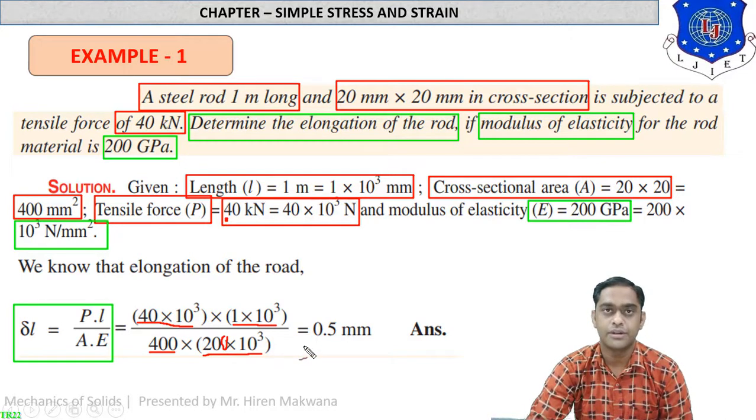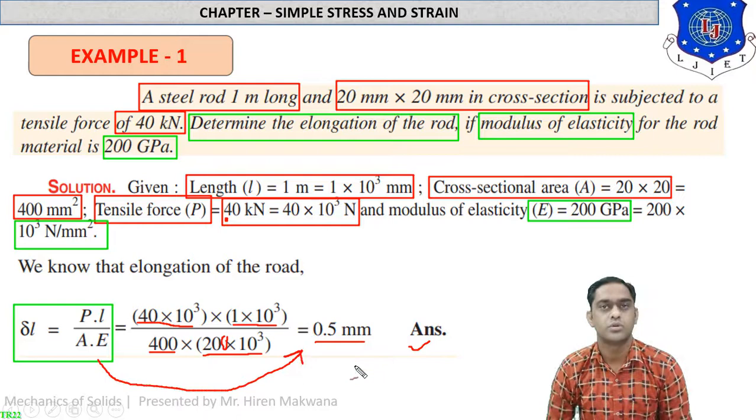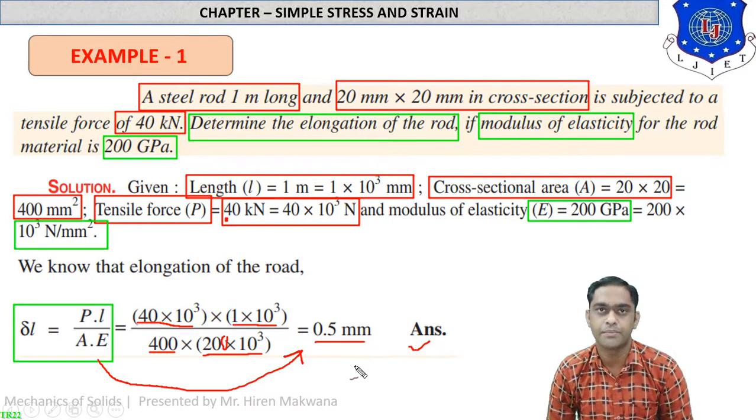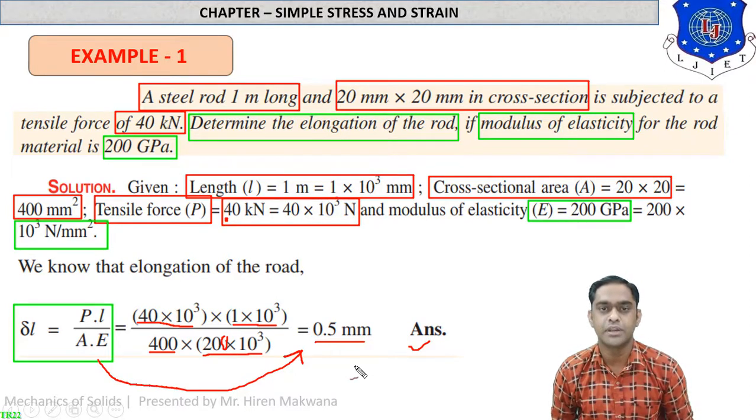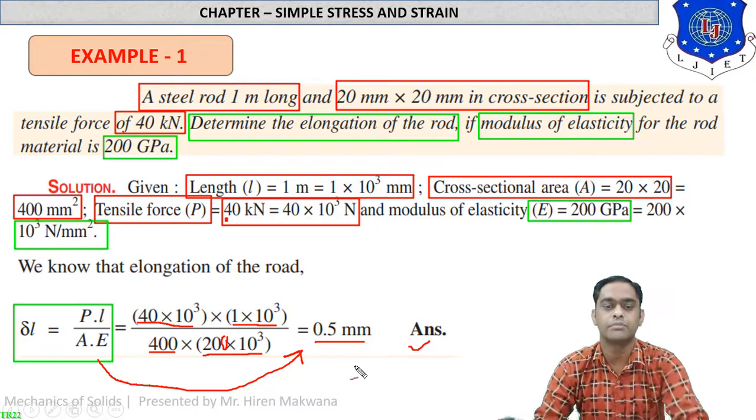So in the calculator, final answer will be 0.5 mm. So this is the final answer. So delta L is equal to 0.5 mm. So this is the elongation of the bar, 0.5 mm for the original length of 1 meter, means 1000 mm. So this type of simple numericals are readily available for your practice.